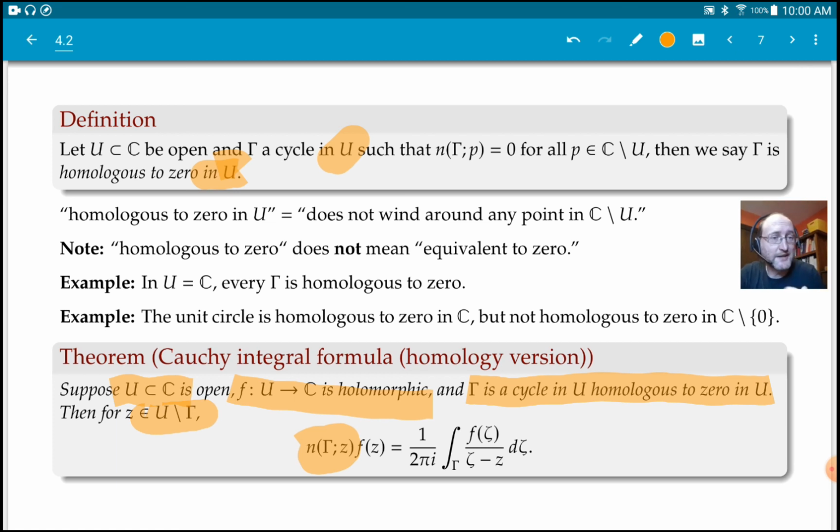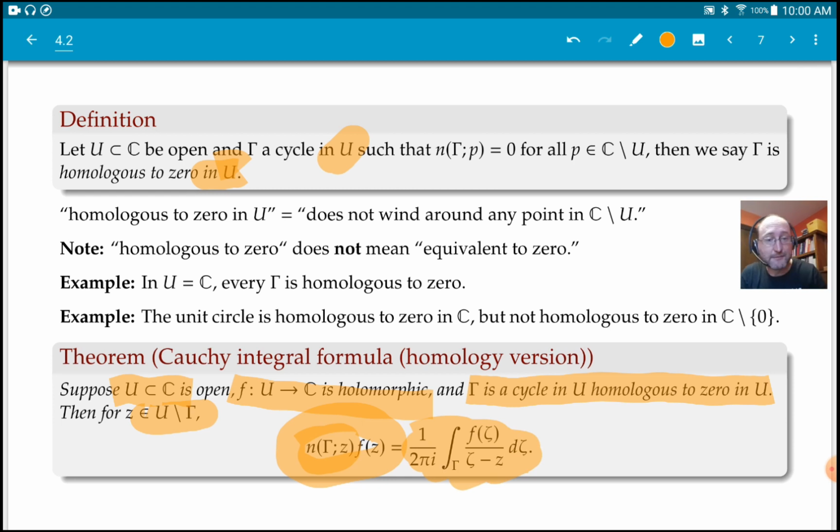If we happen to wind around some point too many times, then we have to count it. Basically, the value of the function, taking into account how many times we wound around it, is equal to precisely what we expect from the Cauchy formula.